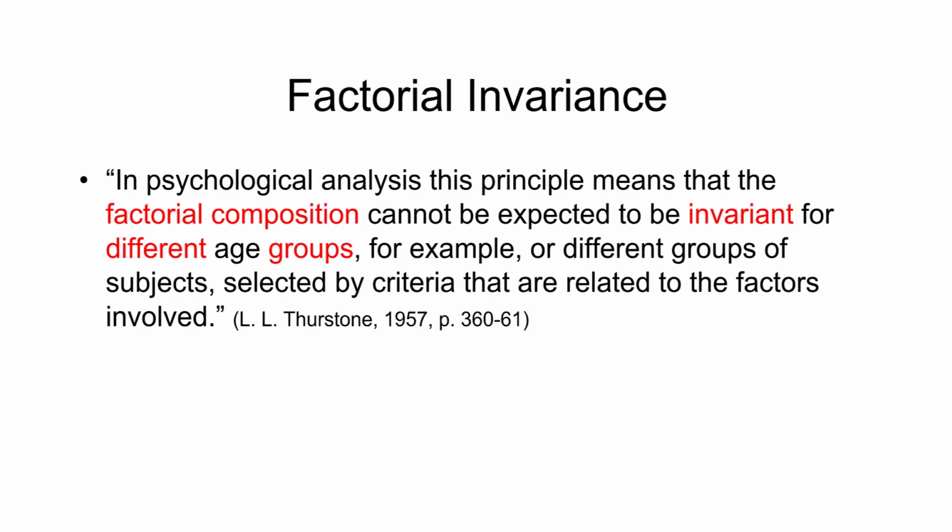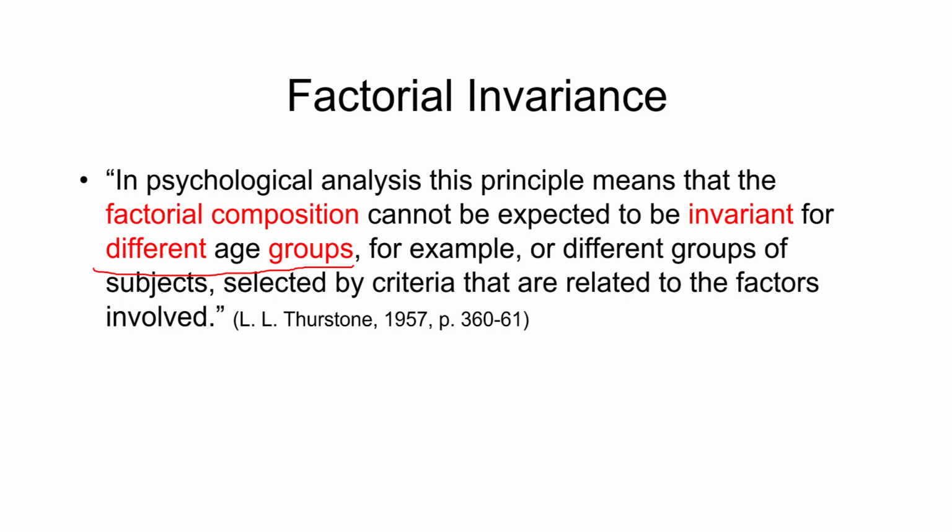All right. Another thing we can do is what's called factorial invariance, and this is something I think is very powerful and meaningful that we should be doing more often. This is the idea that the factor structure of measures might be different for different groups or different ages. This is a quote by Thurston, and for some reason I just liked it: do the factors change based on how old you are or the group you're in?